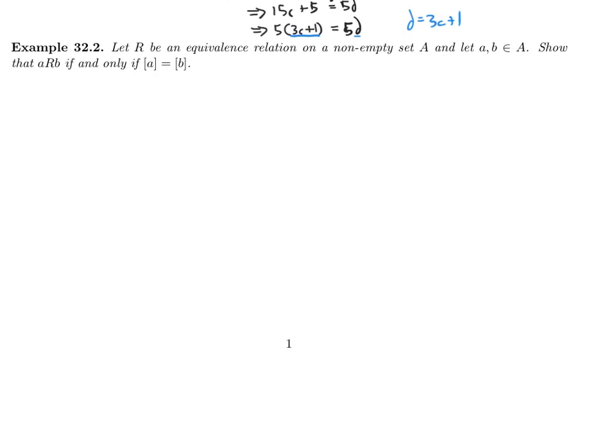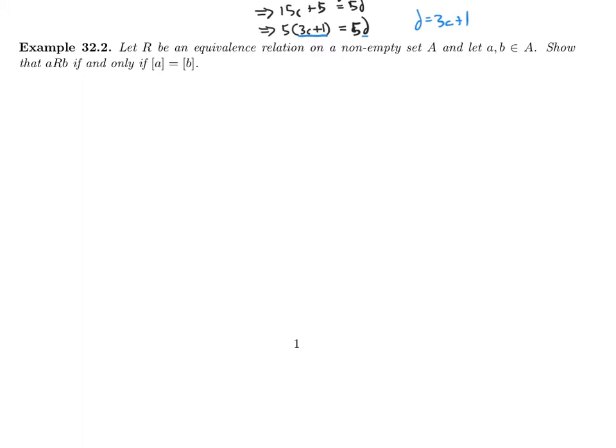If we do have an equivalence relation R on a non-empty set, then A is related to B if and only if these are in the same equivalence class. So the equivalence class of A equals the equivalence class of B. So we have a little proof here to do. This is an if and only if proof, so we have two directions.